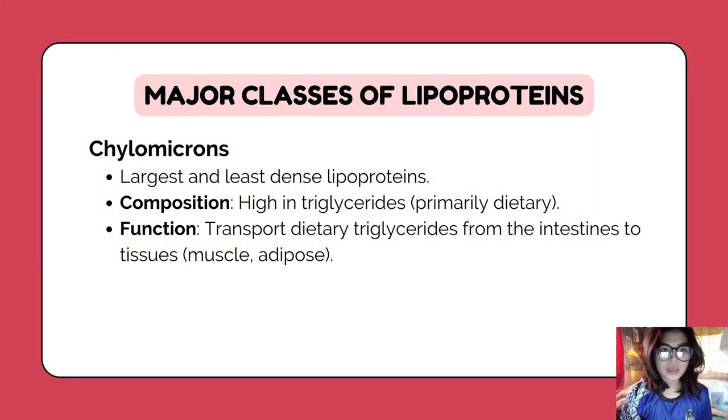Chylomicrons are like the delivery truck that transports dietary triglycerides, the fats we absorb from our food, from the intestines to tissues that need them, primarily muscles for energy and adipose tissue for storage.